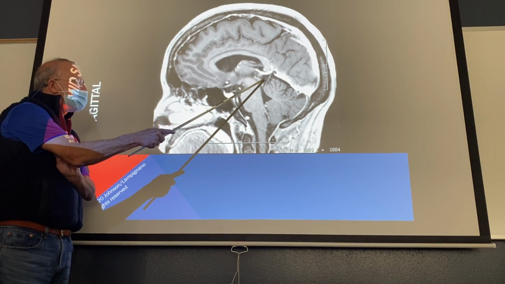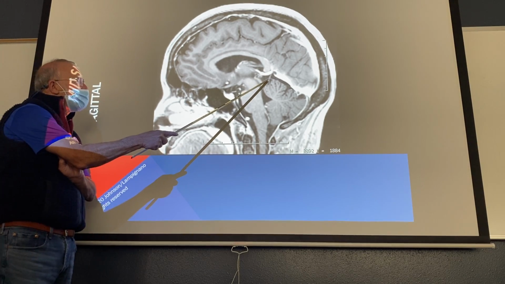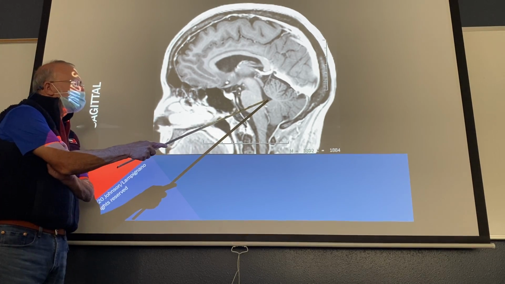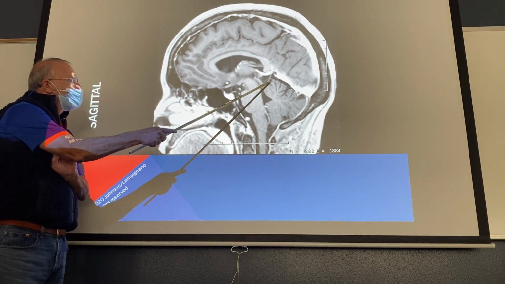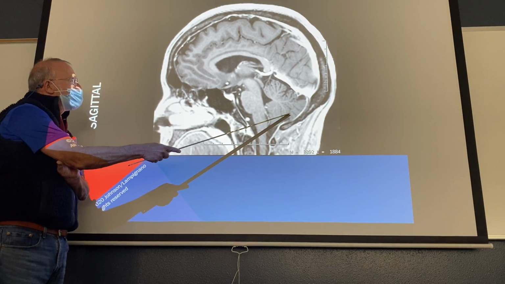Back over here is the tectum, and then over here is going to be my superior cistern. Adjacent to the fourth ventricle, vermis up here, it's going to give way as we work our way down into cerebellum.